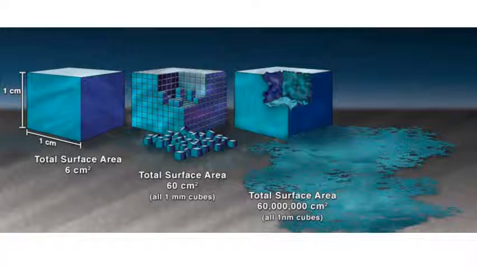But if the size is 1 nanometer, the surface area will be how much? You can count the zeros here. That gives the idea of how the surface area is changing. Many zeros are there. That is very attractive in the case of nanoparticles. The increase in surface area is dramatic.